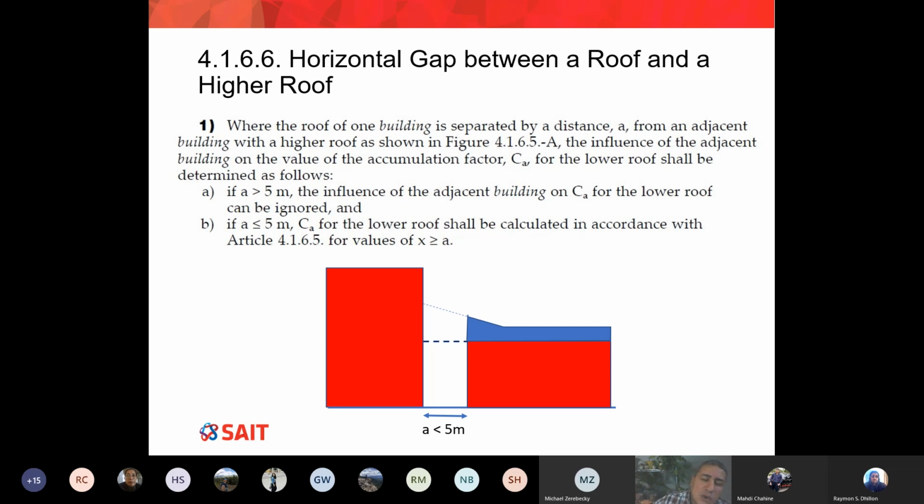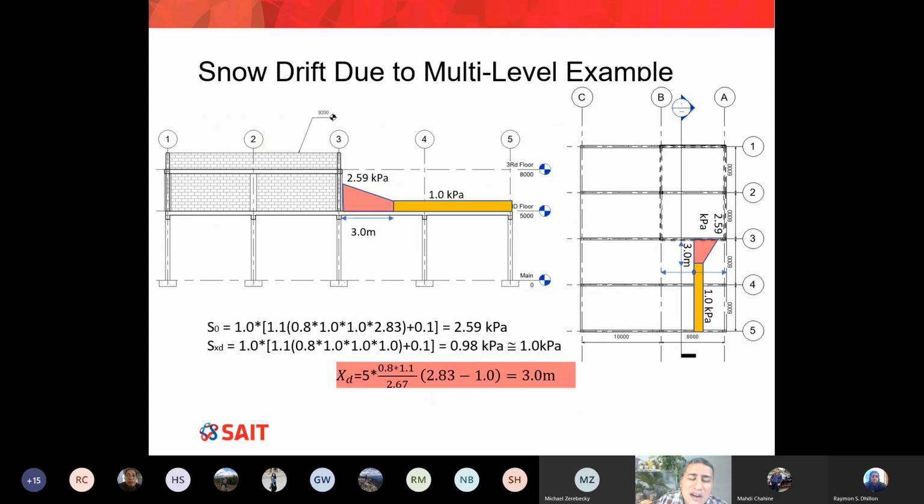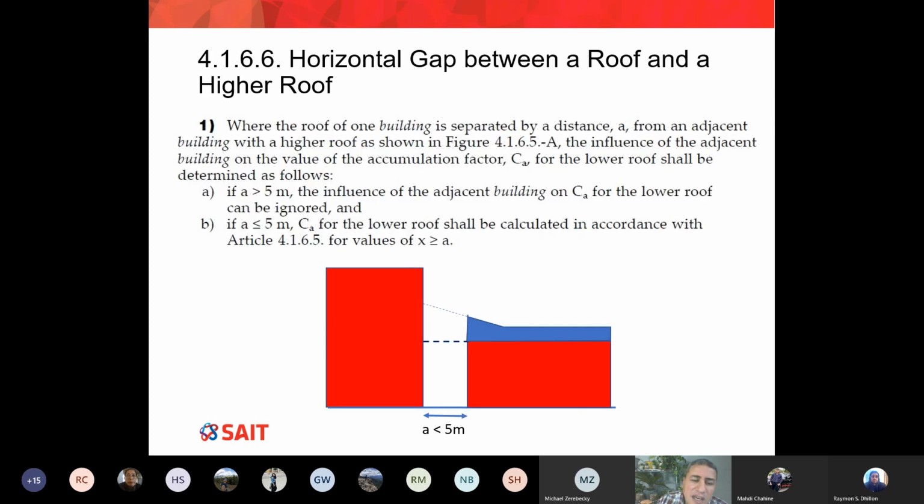Because simply you will be in the uniform part. However, if your drift distance is 3 meters and the separation between the buildings is 1.5, what does it mean? It means mathematically you just have to draw exactly the same diagram here. However, you can see things will start from the higher roof. However, this part is dashed. Why dashed? Because simply all this snow will fall to the ground, and you are only left with a small part on the roof.